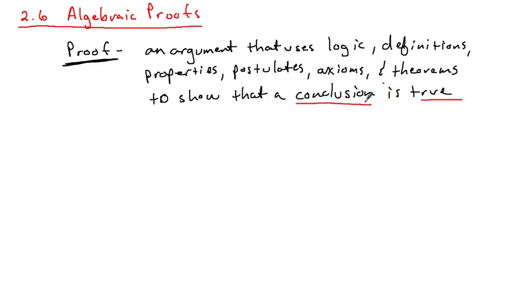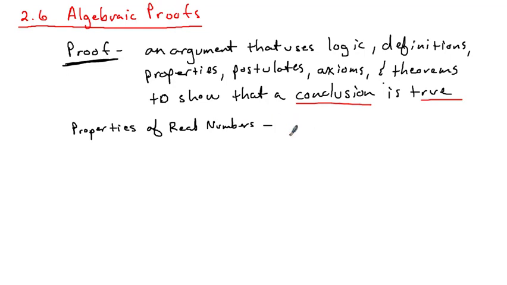The way that a proof works is we're given some information and we're told to prove something based off of that information. But before we do that, especially before we do it algebraically, we need to write down some properties. So we're going to write down some basic properties of real numbers.